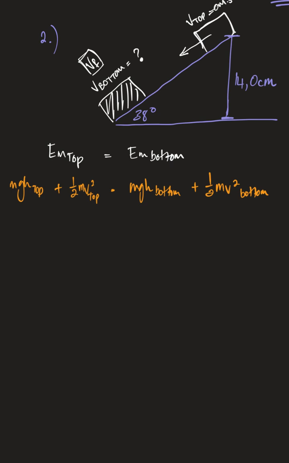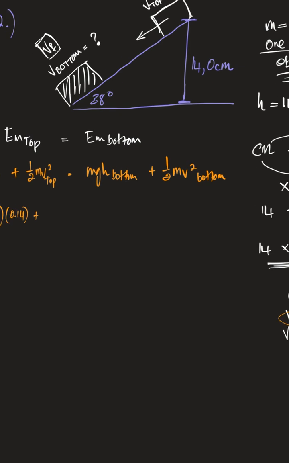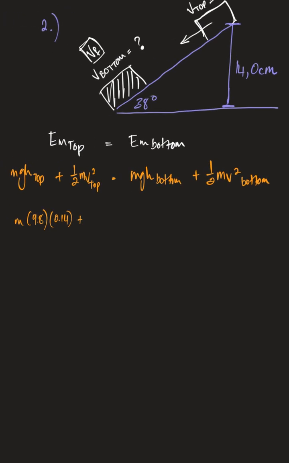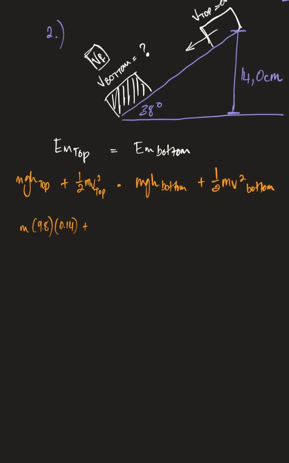The first thing I've got here is mass, so I'm going to go m. g is 9.8, and at the top the height is 0.14. Plus, I know that my velocity at the top is 0, so I'm not going to have any kinetic energy, so plus 0, is equal to mgh.